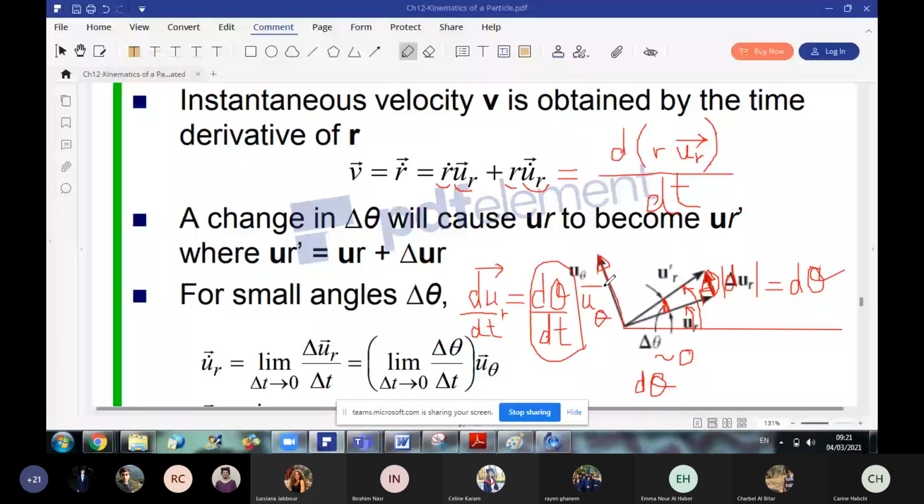So going back to my formula here, if I replace UR dot by theta dot U theta, I get that V has two components, radial and what is called the transverse component along U theta, which gives me R theta dot U theta. So let me show you the final expression.